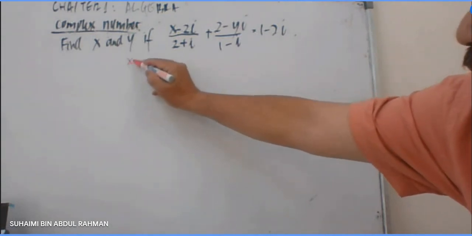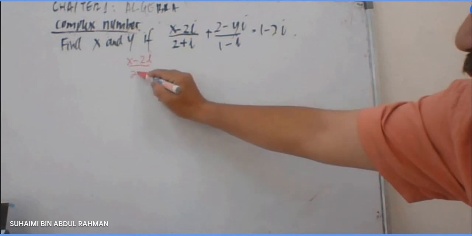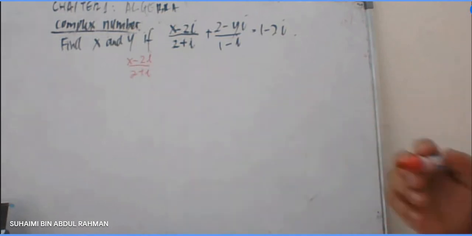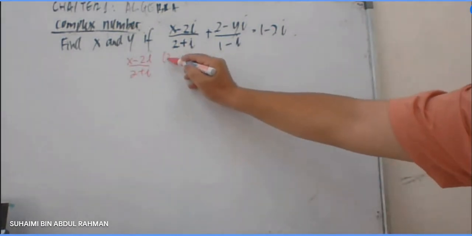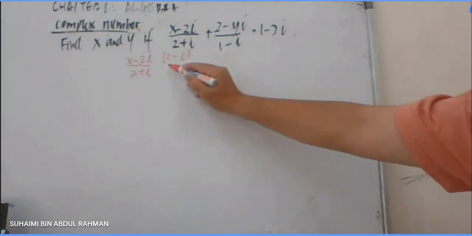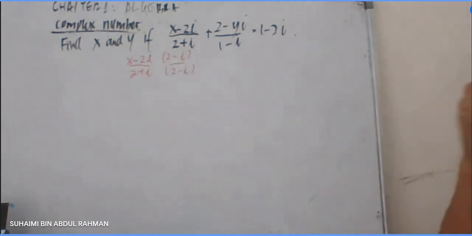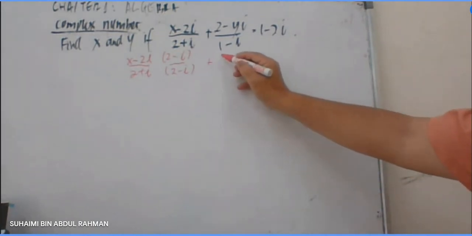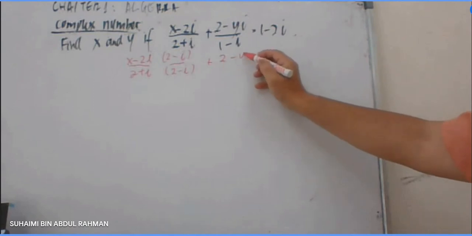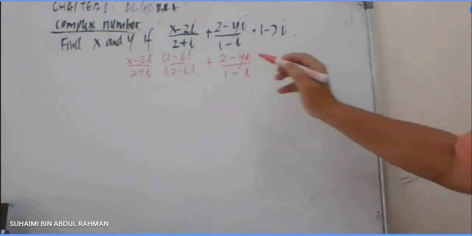So (x minus 2i) over (2 plus i) multiplied by (2 minus i) over (2 minus i), the conjugate of our denominator, plus (2 minus yi) over (1 minus i).